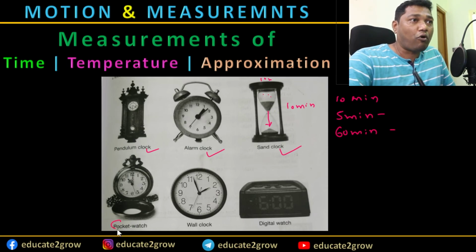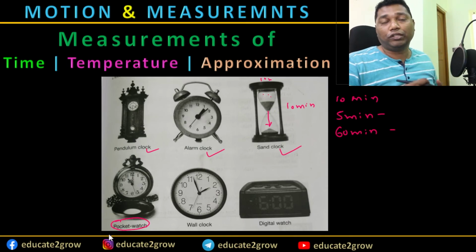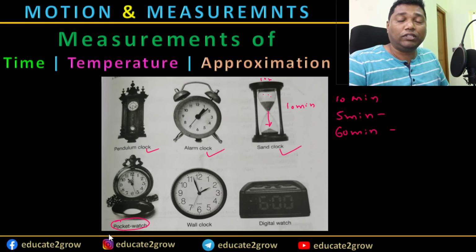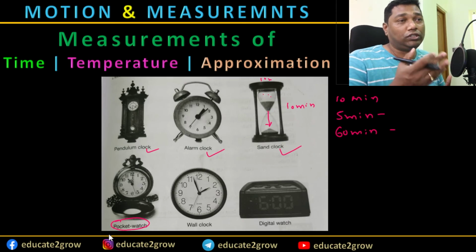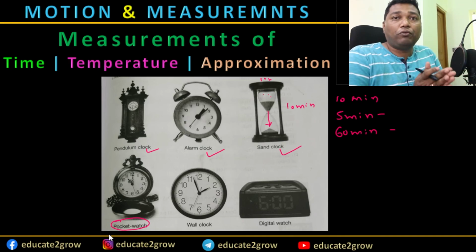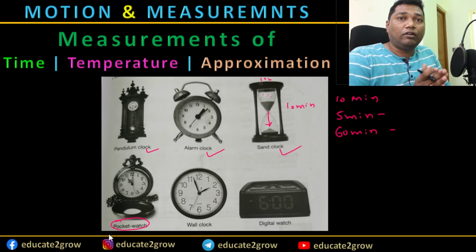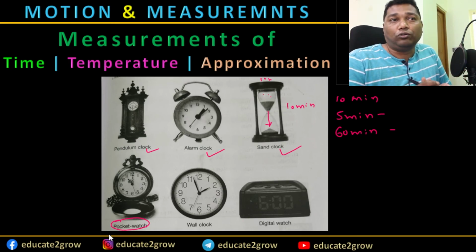And this is a pocket watch, which you put in your pocket, so you can see the time whenever you want. It's a traditional methodology and system to check the time. Nowadays people wear a watch, a digital watch, or use a mobile phone, and from that instrument you get to know the time.